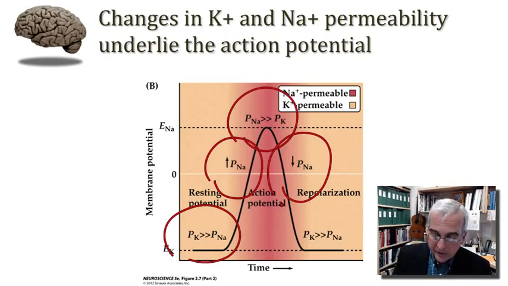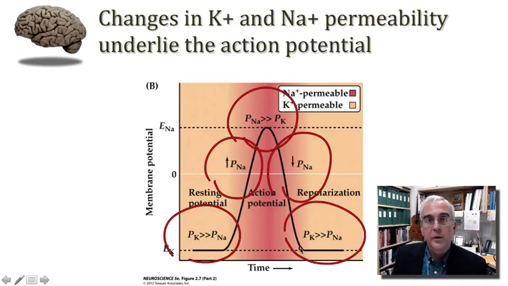And those two factors together allow us to return to our resting condition, where once again the permeability of the membrane, due to the fact that there's some leakiness of the membrane to potassium, is greater than sodium permeability. And once again the resting membrane potential is established, being close but not precisely the Nernst equilibrium potential for potassium.